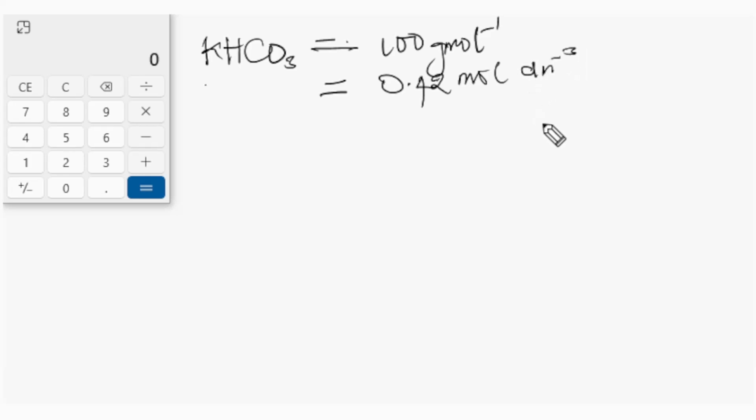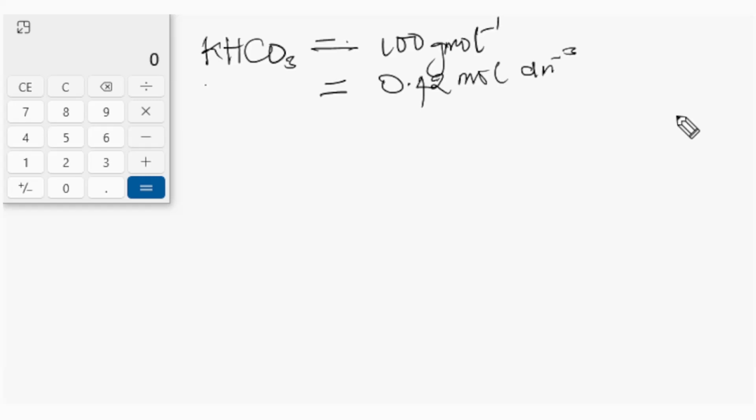So guys, remember, what we are now looking for is the grams. But then remember, the question says the solubility of potassium hydrogen trioxocarbonate 4 is 0.42 moles per dm cube at 25 degrees. What is the mass of potassium hydrogen trioxocarbonate 4 in 200 cm cube?